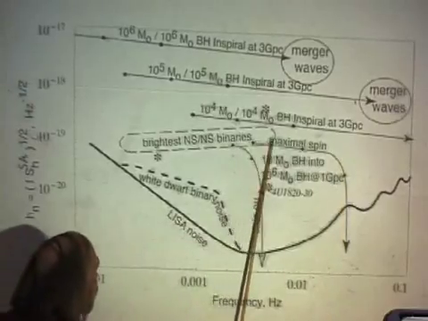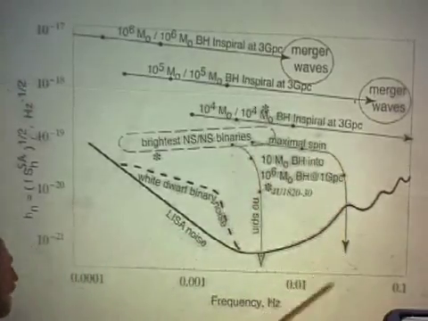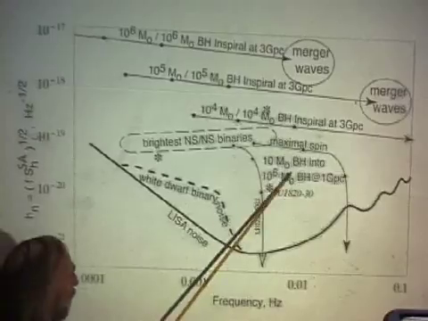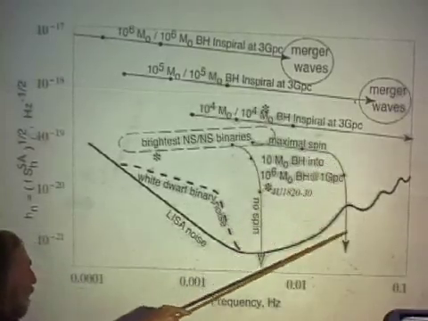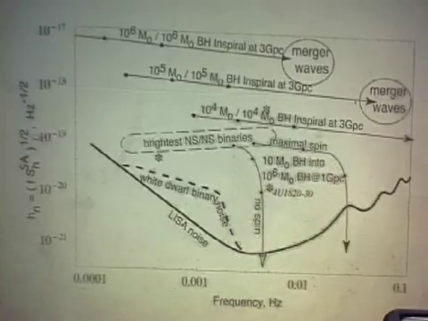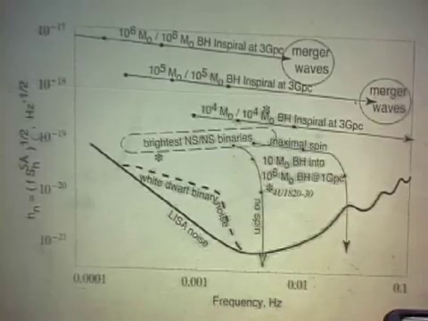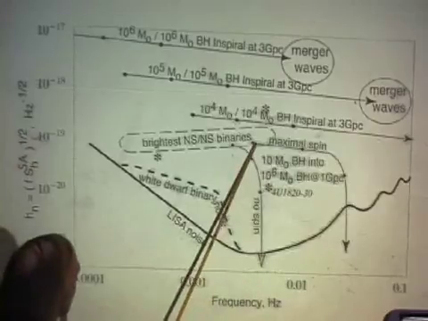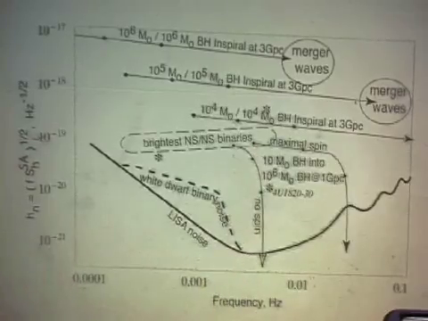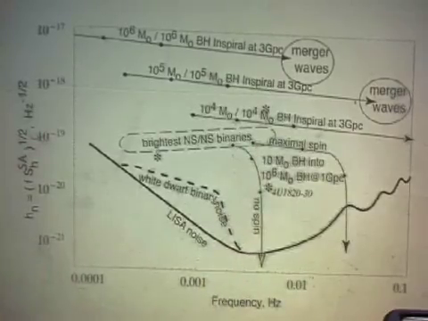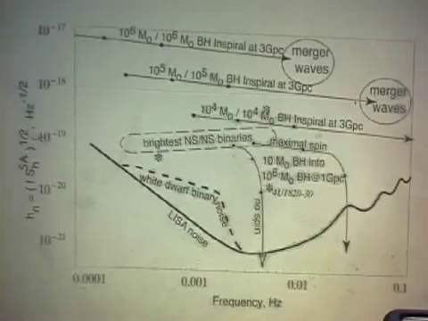So it sweeps through a fairly big frequency band, and then as the small black hole plunges into the big black hole, the signal strength falls. 30 millihertz is a period of about 10 seconds... Sorry, I just read it. So 3 millihertz is a period of about 300 seconds, so it's about 5 minutes. Okay.